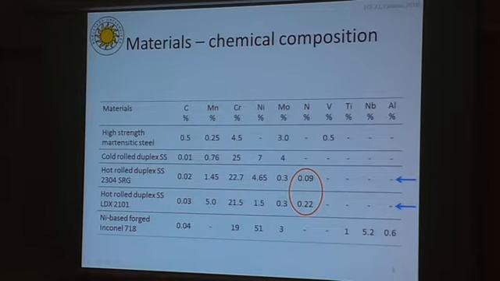Here, the amount of nitrogen plays a significant role in the damage accumulation mechanism that occurs in these two grades. For the nickel-based superalloy Inconel 718, the main alloying elements are nickel 51%, chromium 19%, and niobium 5%.